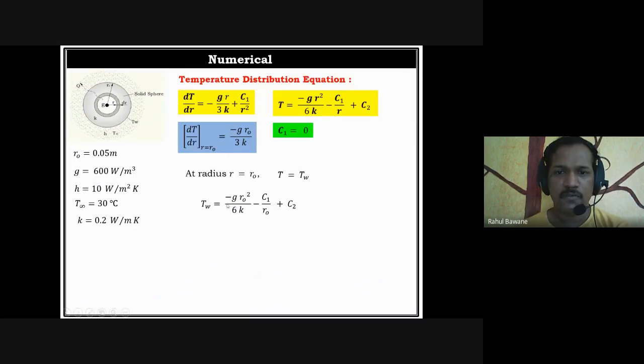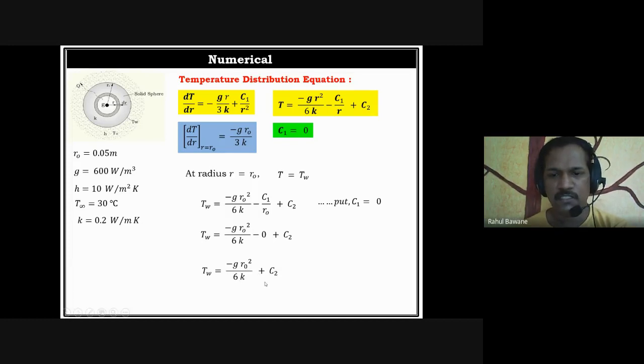So it is minus G ro square upon 6K minus C1 upon ro plus C2. And we know the value of C1: C1 is 0, so this middle term becomes 0. So T wall is minus G ro square upon 6K minus 0 plus C2. So T wall is minus G ro square upon 6K plus C2. So this is the value of T wall.